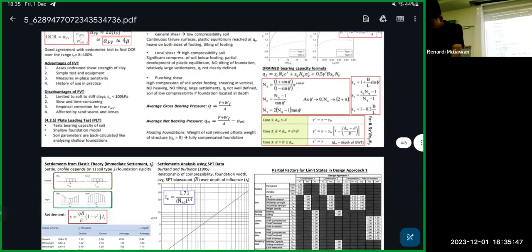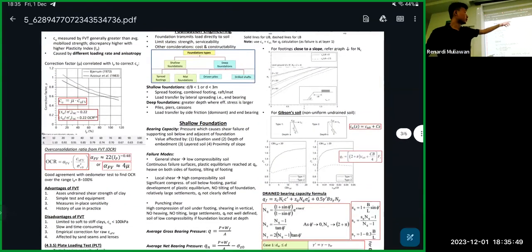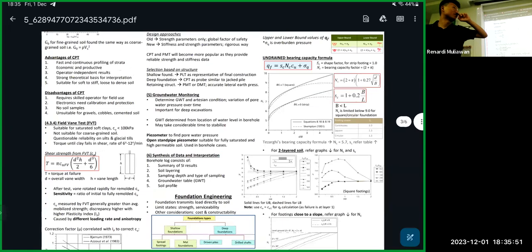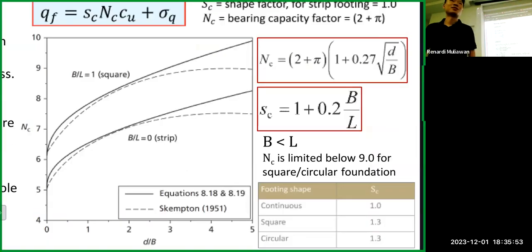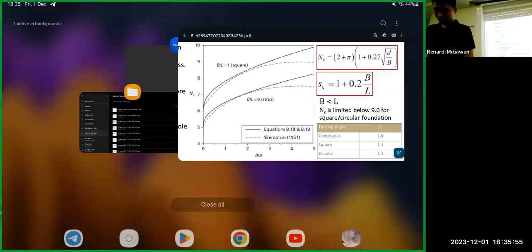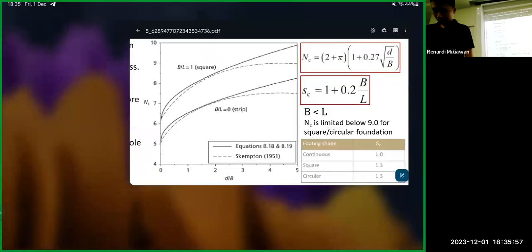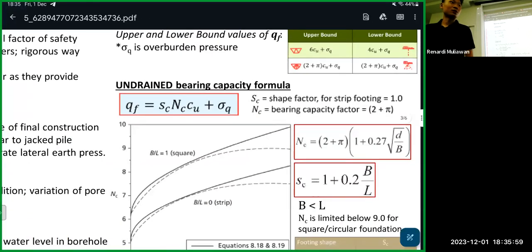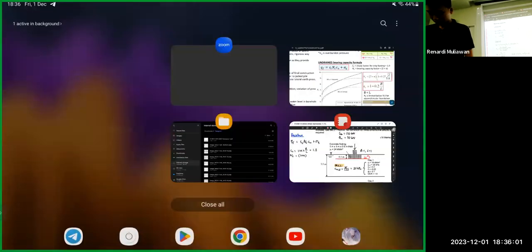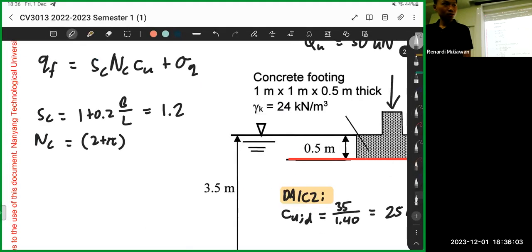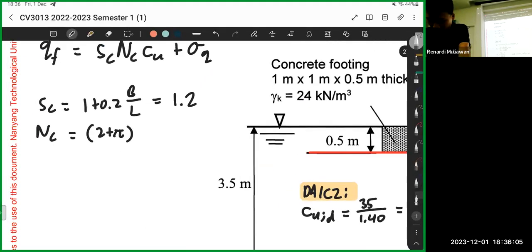Ah, yeah, this one. They give you Nc equals 2 plus pi times something, right? Oh, okay. Then no wonder. It's fine. But anyways, we use this value.